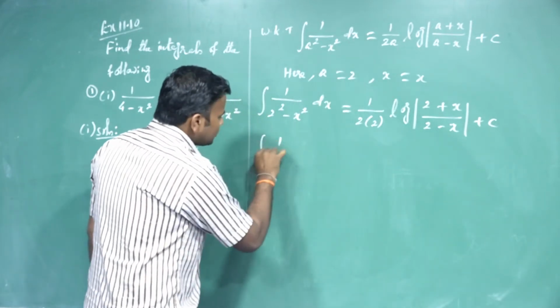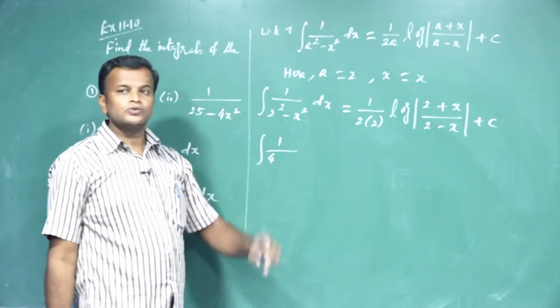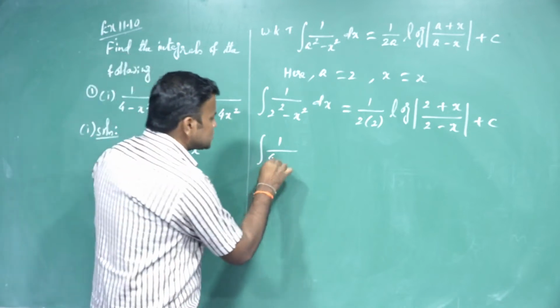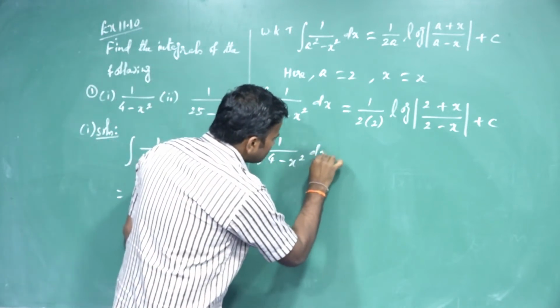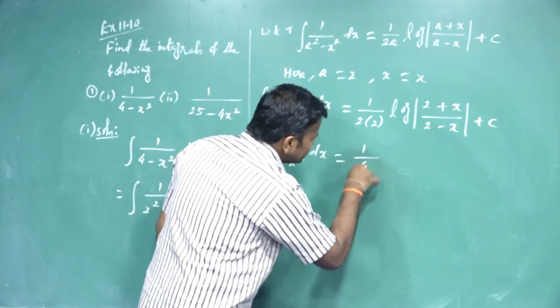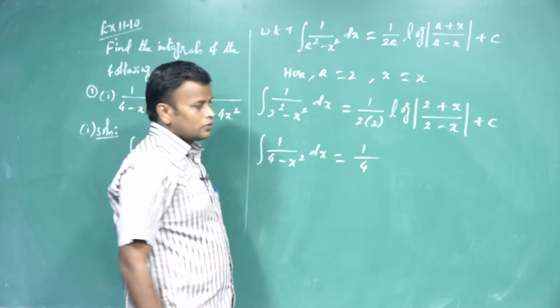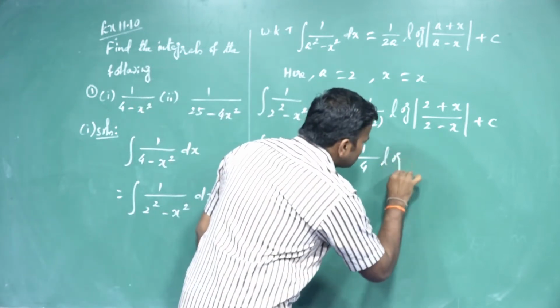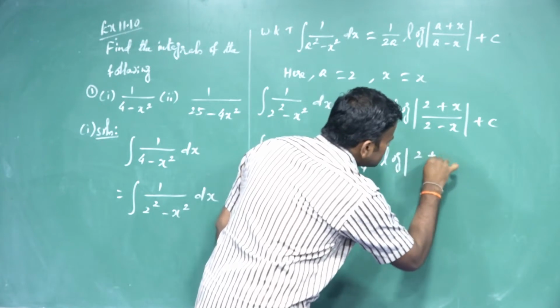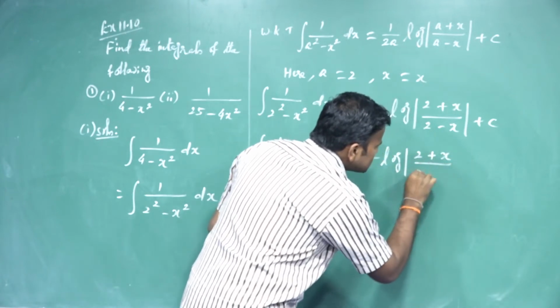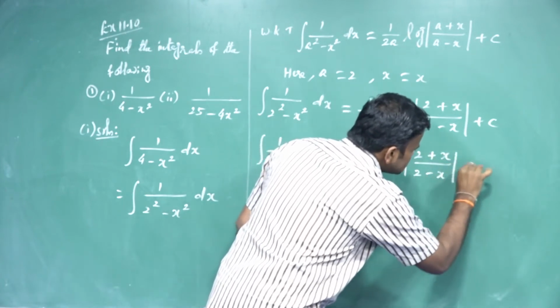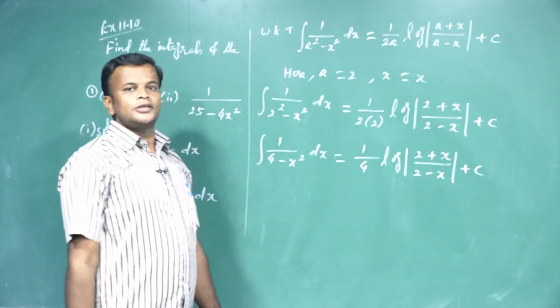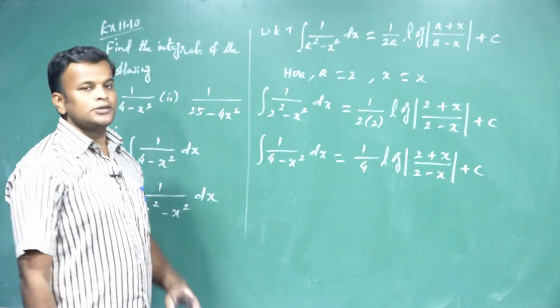So it's nothing but our given sum. The value of 2 square is 4, minus x square into dx is equal to 1 by 2 to the 4, log of modulus 2 plus x divided by 2 minus x plus c. So it is the answer of the first one.